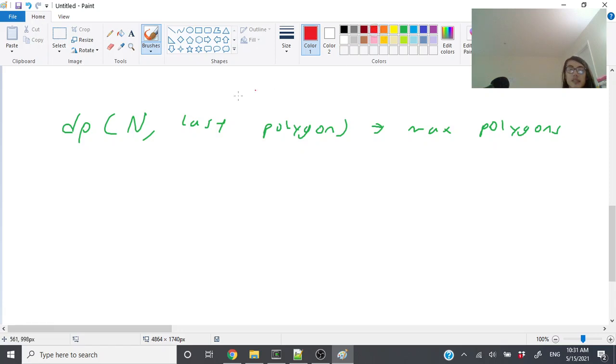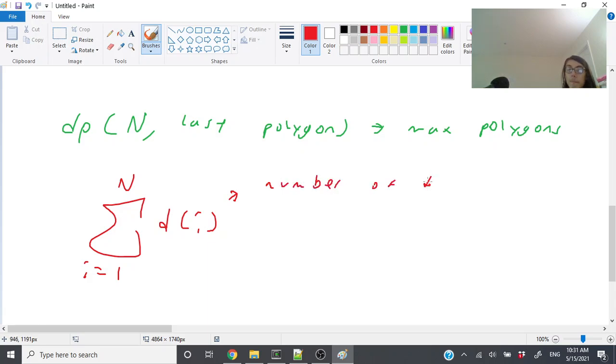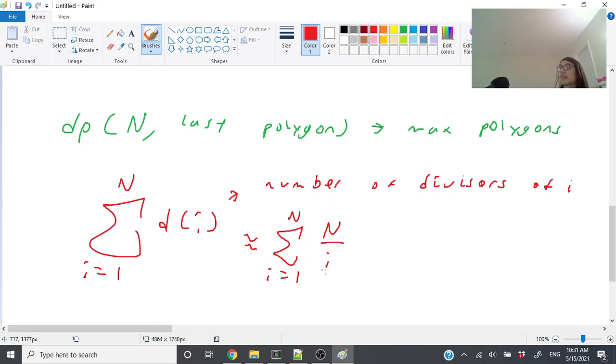Yeah, the number of states this has is the sum for i equals 1 to n of d(i), where d(i) is the number of divisors of i. Jesus, can't write it all. But, yeah, this is kind of cool because, like the last problem, this total cost is also n log n because it's very close to the sum from i equals 1 to n of n over i. Because instead of divisors, we'll instead assume we're counting multiples because it's the same thing. Which is O(n log n).